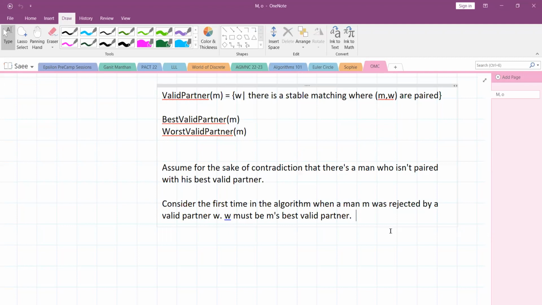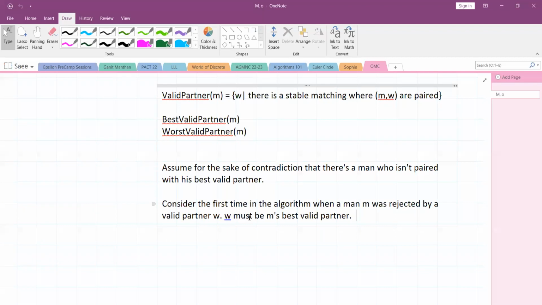Since this is the first time when anybody was rejected by their valid partner, let's say W is not M's best valid partner. Why did M propose to W in the first place?